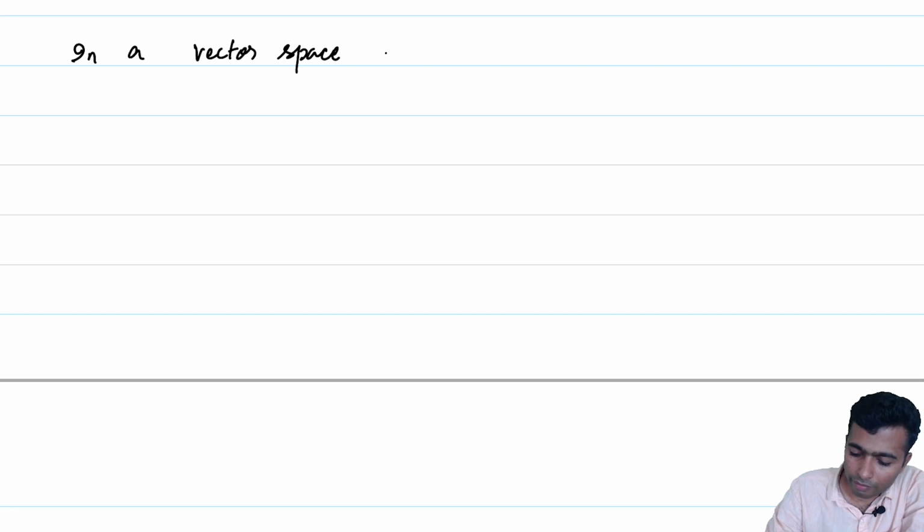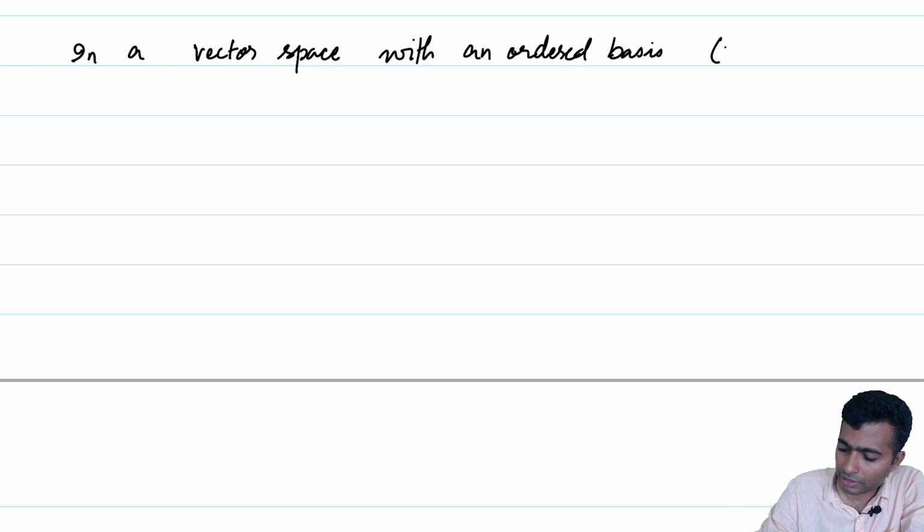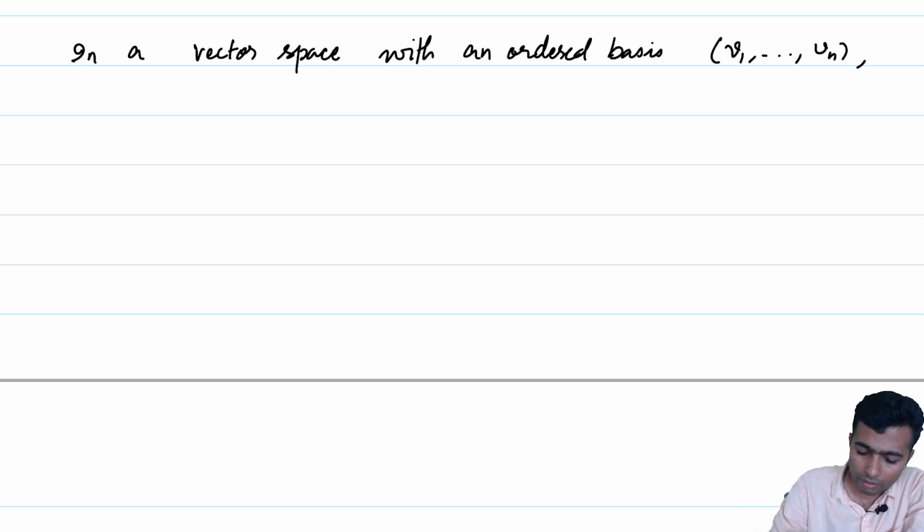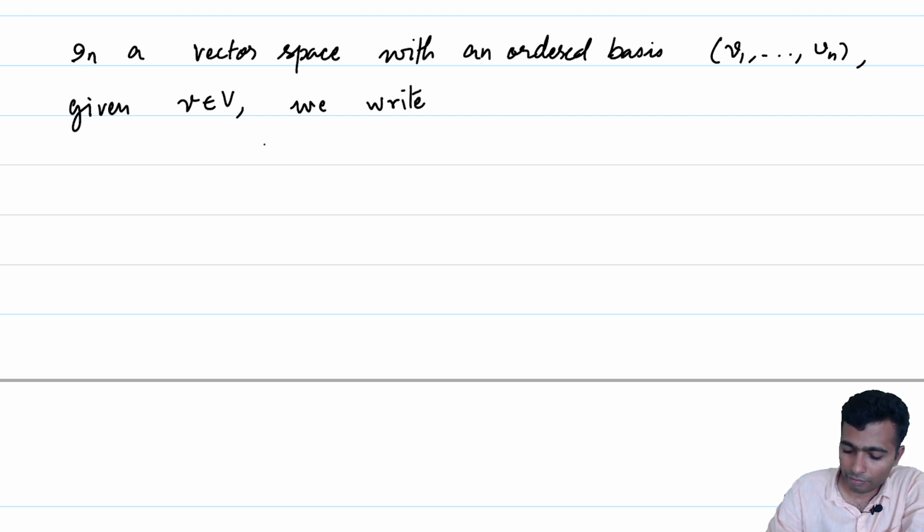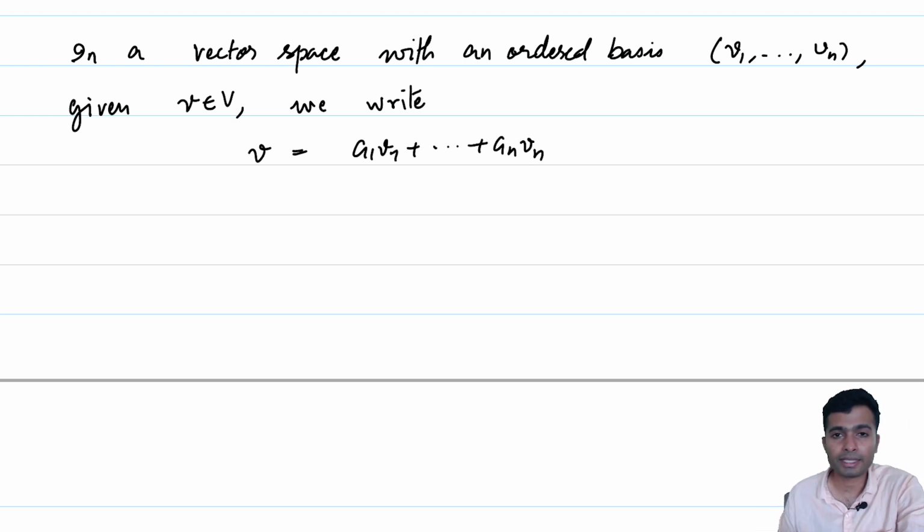So, let me just note what I just said. In a vector space with an ordered basis given by say V1 to Vn, given V in capital V, we can write V as being equal to A1 V1 plus up to An Vn, where the Ai's are scalars.